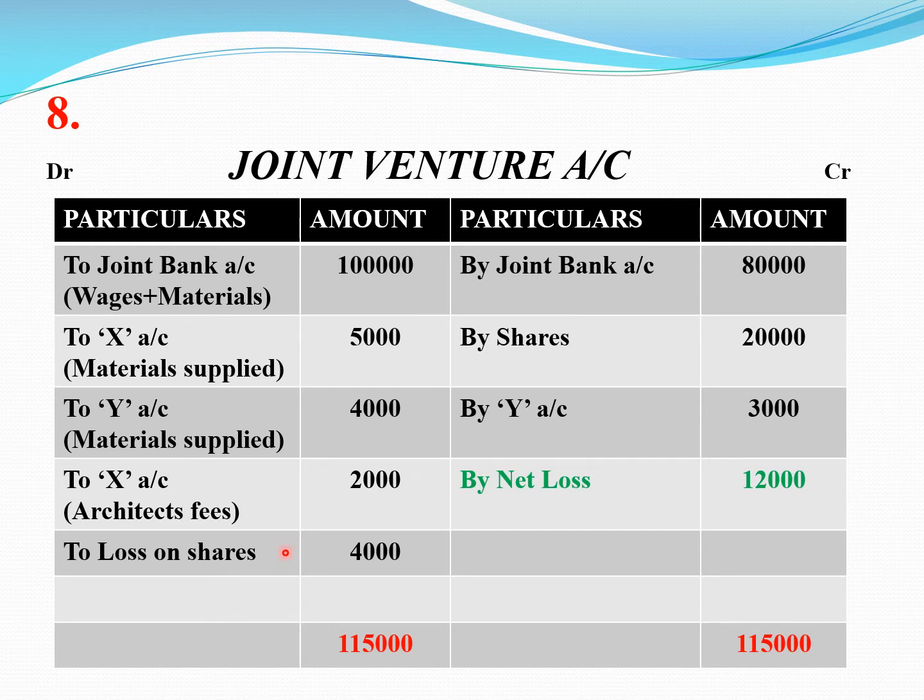And there is a loss on shares of 4,000. The value of the share is 20,000, taken over by X not at 20,000 but at 16,000. So you get 4,000 loss recorded on the debit side. And then we get a net loss of 12,000, to be distributed in the ratio of 2:1.